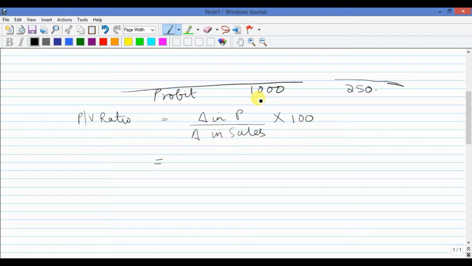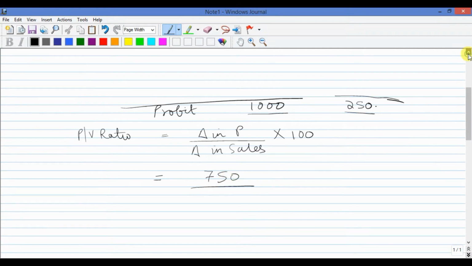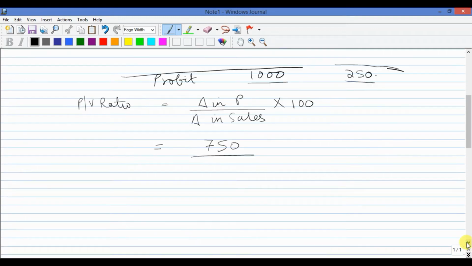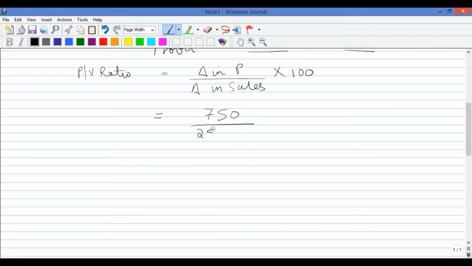So the change in profit is from 1,000 to 250, so the change in profit is 1,000 minus 250, that is 750. And the change in sales is from 5,000 to 2,500, so there is a drop in sales by 2,500, into 100. So 750 divided by 2,500 percentage is 30%, my friends.